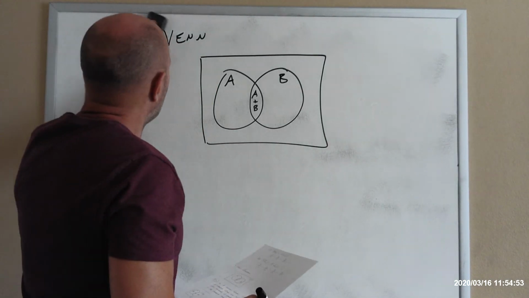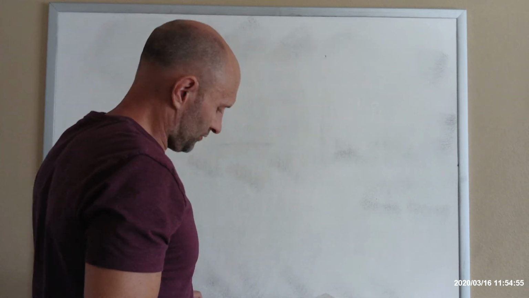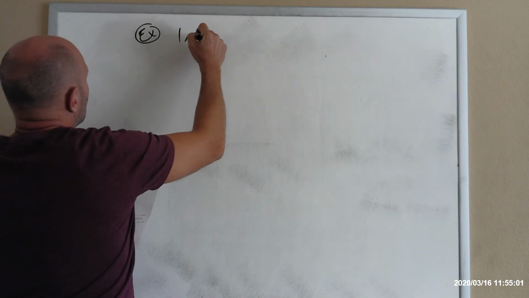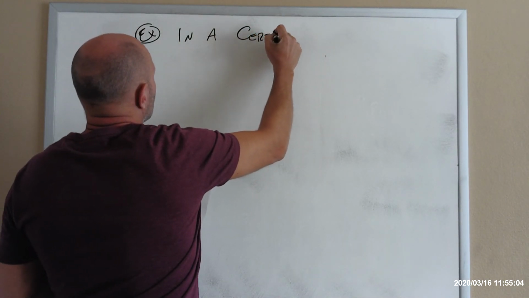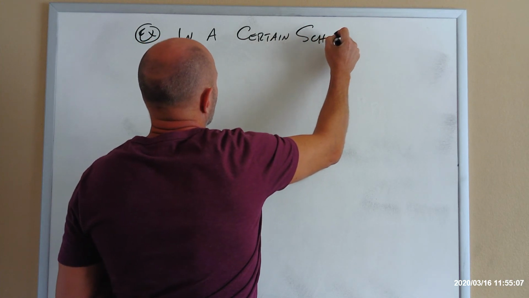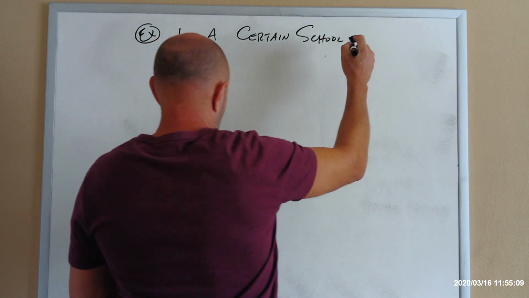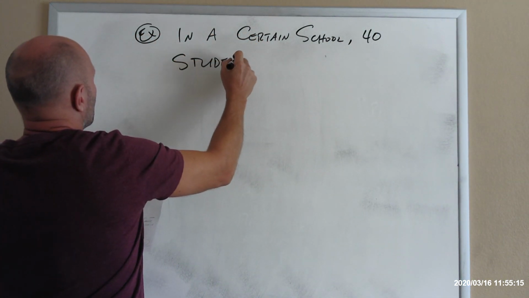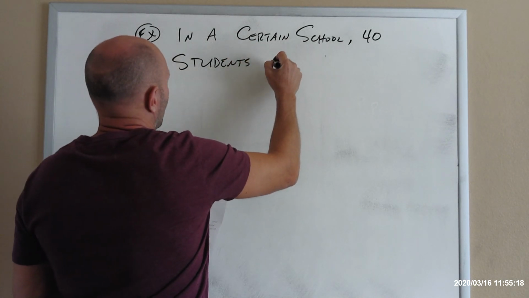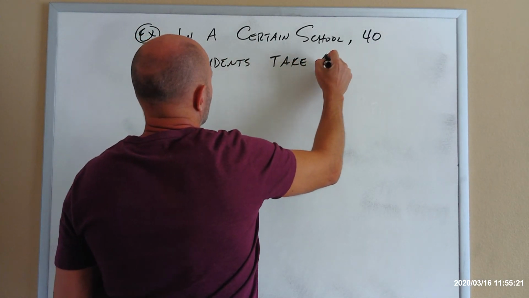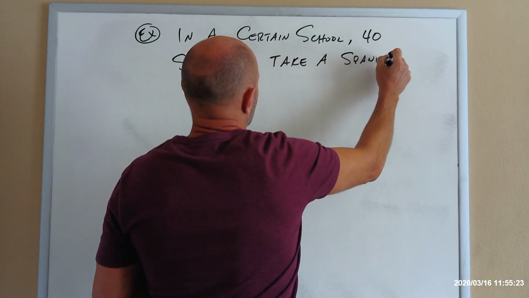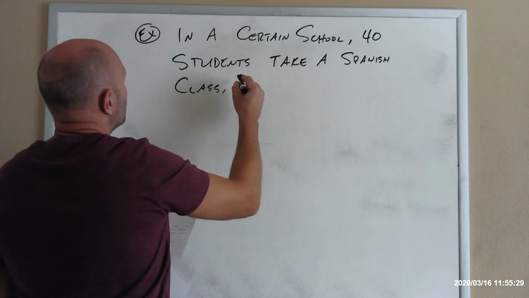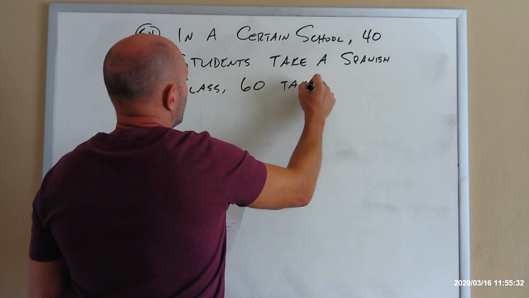So let's look at an example of how we can use Venn diagrams and how it applies to probabilities. So in a certain school, "40 students take a Spanish class. 60 take a French class.